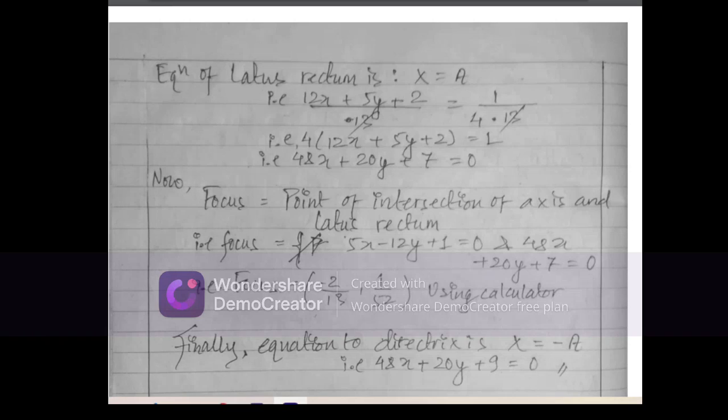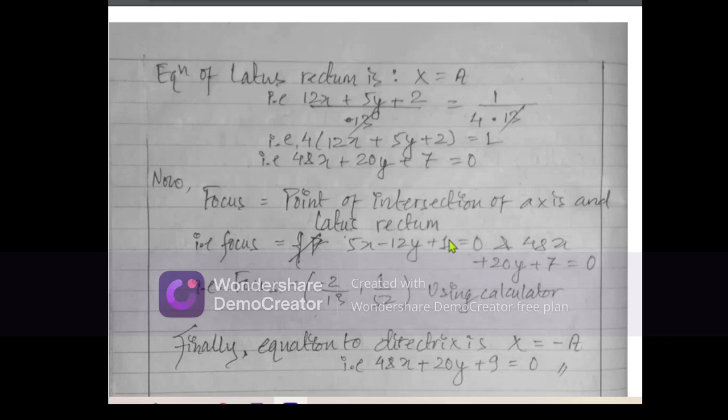So by evaluating this equation, we get the solution. We get the equation 48x plus 20y plus 7 equals 0, which is the equation of latus rectum. Now focus. Focus is the point of intersection of axis and latus rectum.